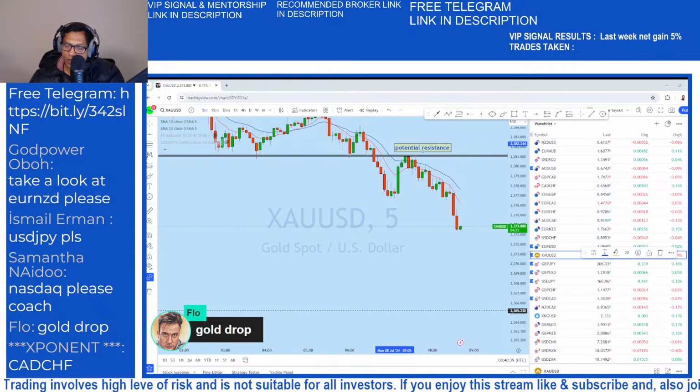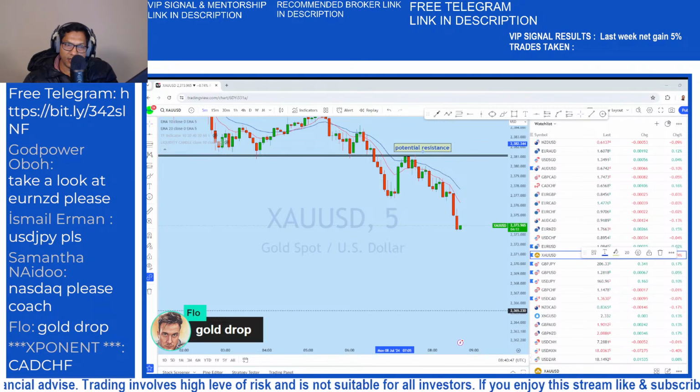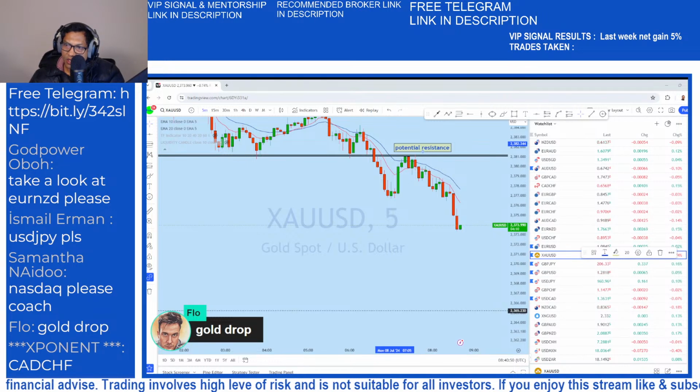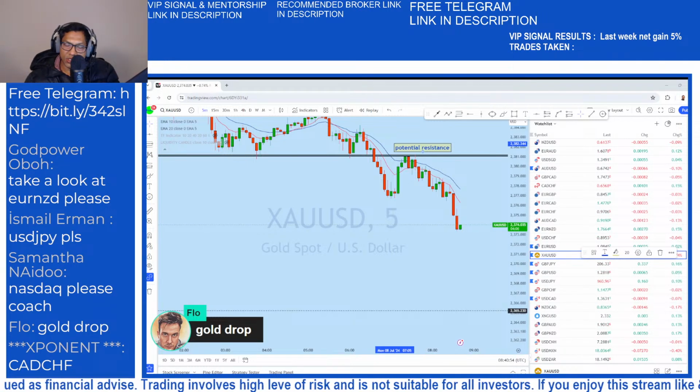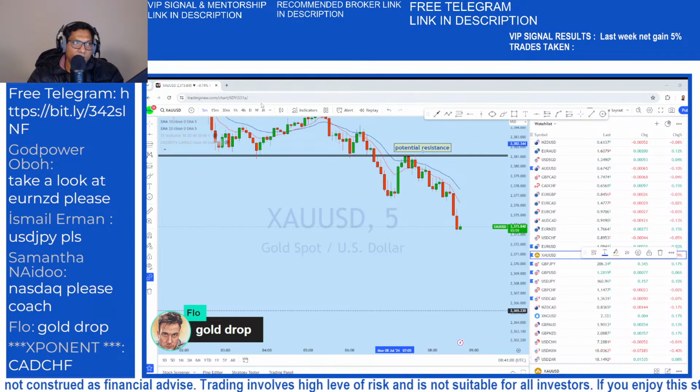Why is it so important? Because when there is a break of structure, there is fuel in the market, and liquidity is the fuel of the market. So when you see the price moves from liquidity to liquidity, which is pretty important.